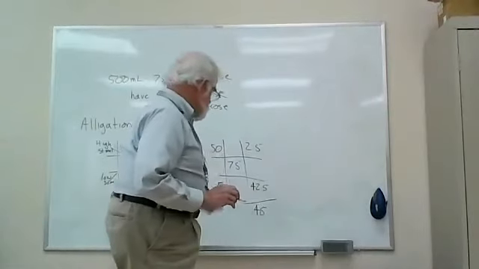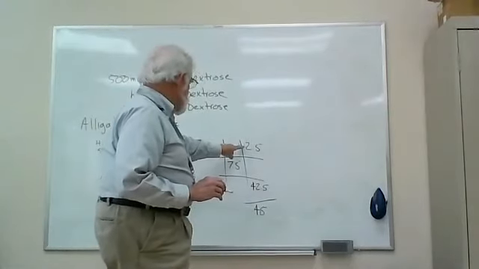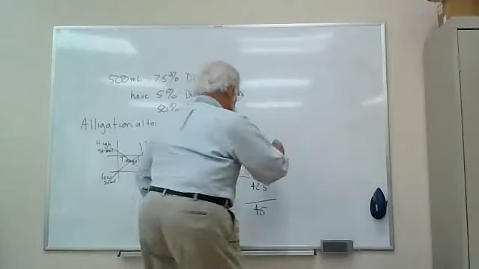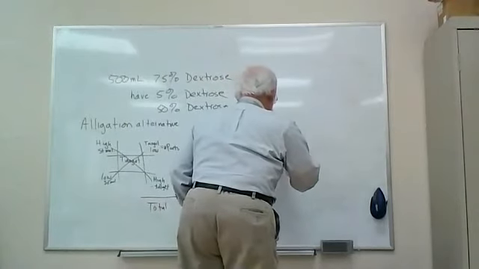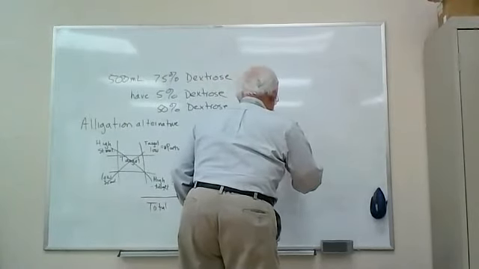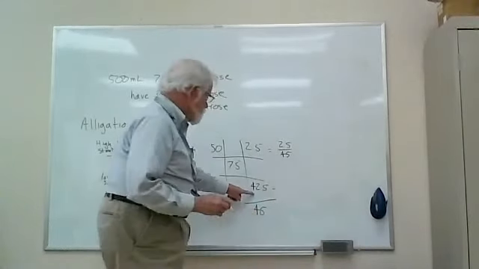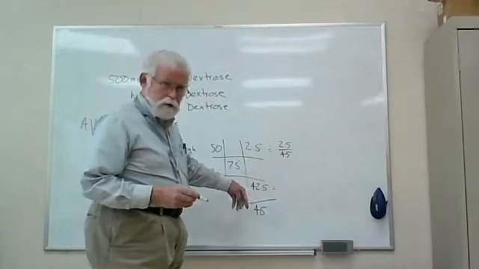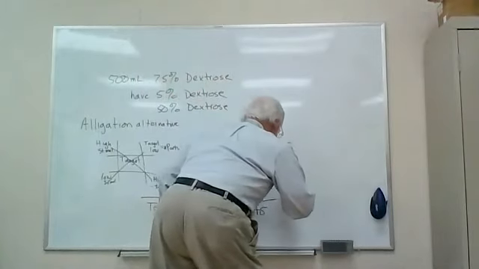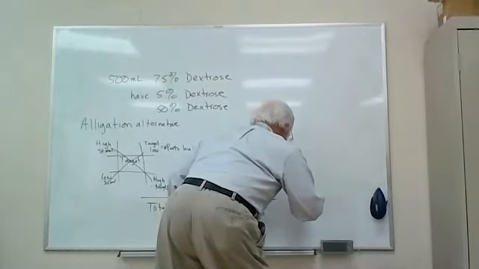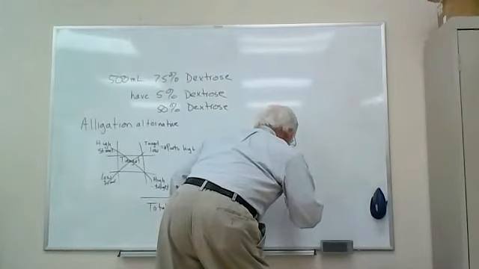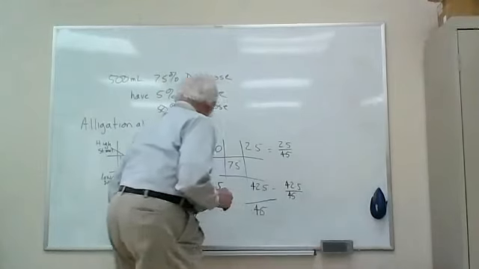How do we use this? We say 2.5 parts, which is 2.5 out of 45. And the second one is 42.5 parts out of the 45 total. Okay.